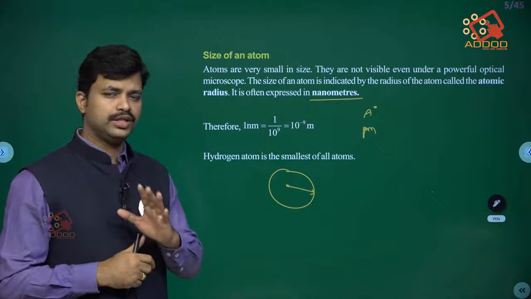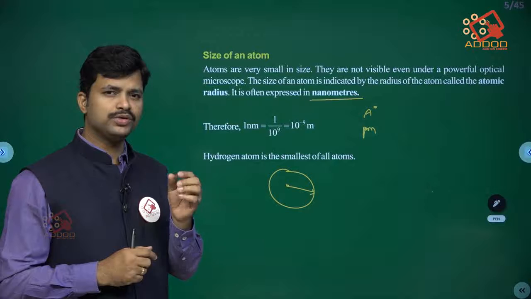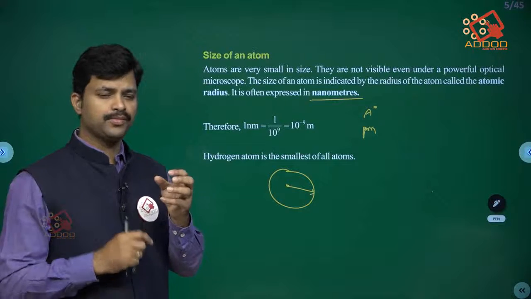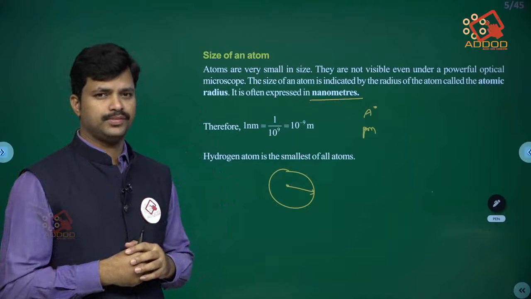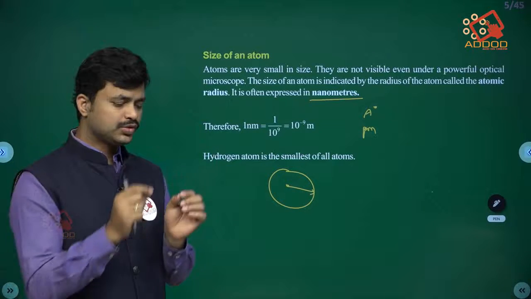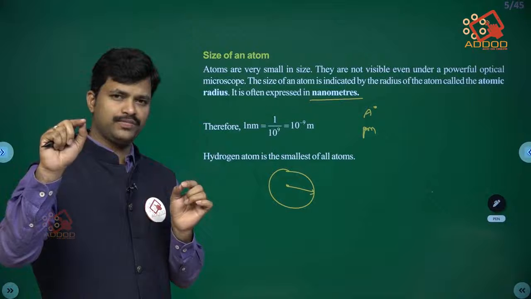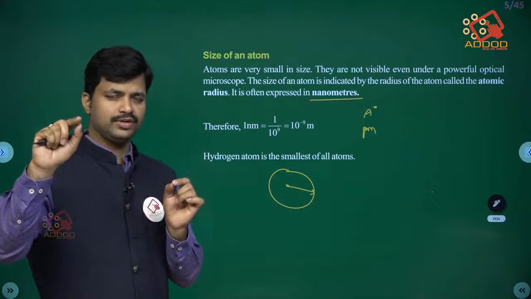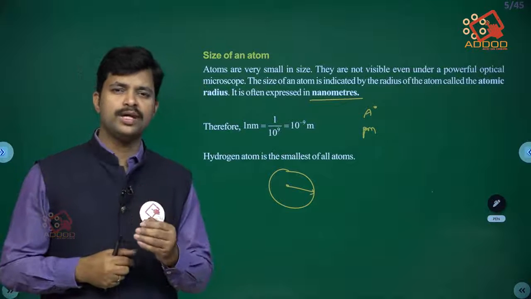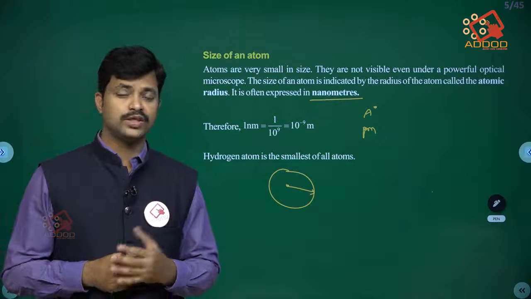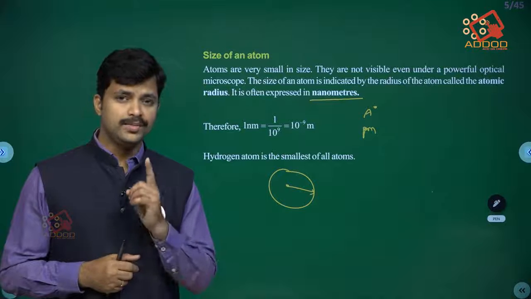Protons and neutrons build the nucleus and the electrons are in its premises. That is an atom. So the distance from the center to the last electron is called the atomic radius. Atomic radius is an elemental property.